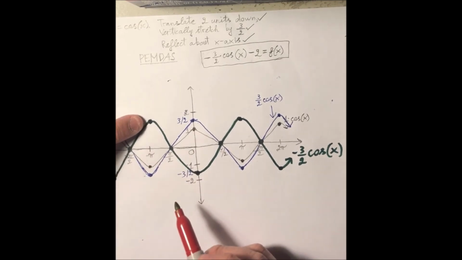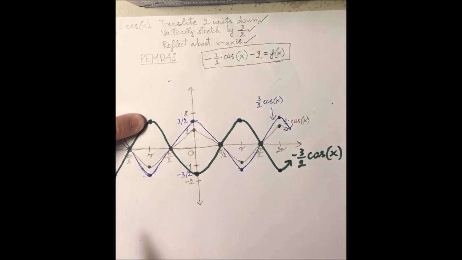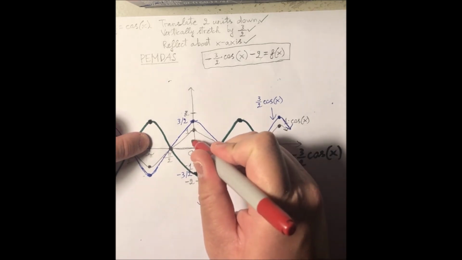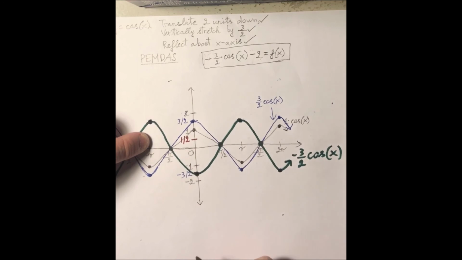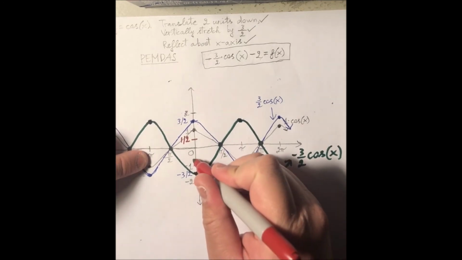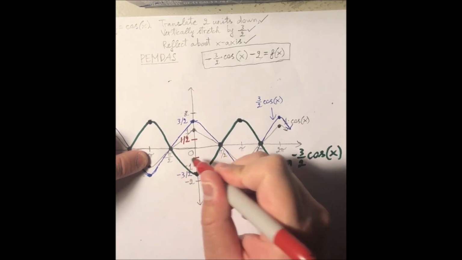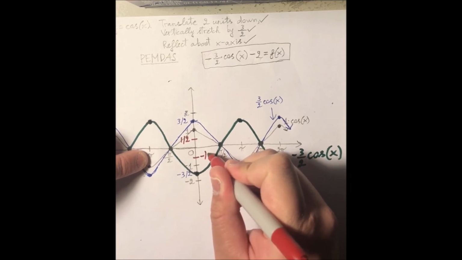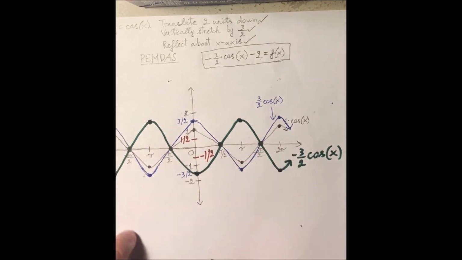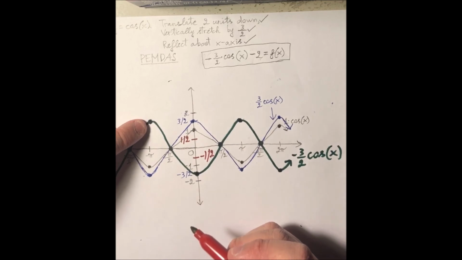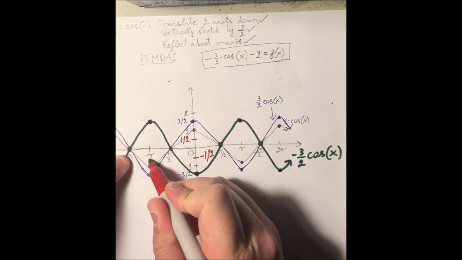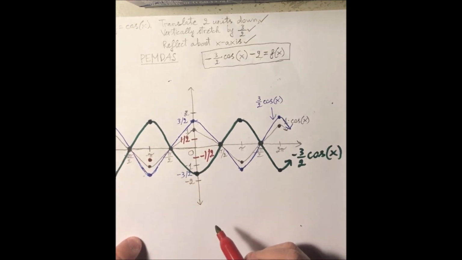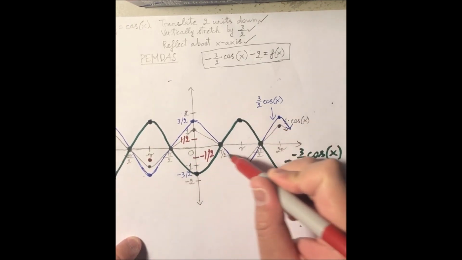We're at positive 3/2. If we move down once, we're going to end up at 1/2, and if we move down once more, we're going to end up at negative 1/2. So I'll put it right here. This highest point, when translated down by 2 units, will end up right here. And same thing for this highest point.